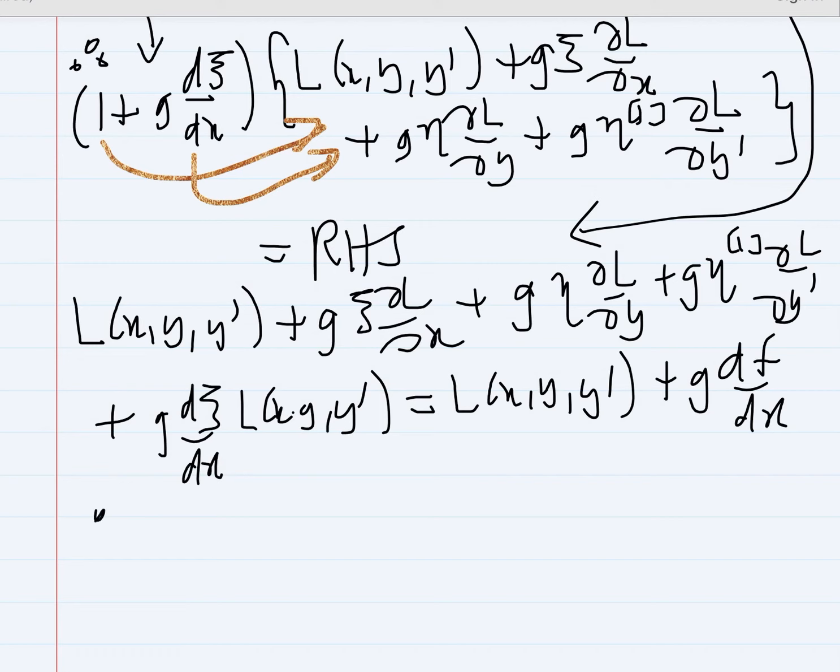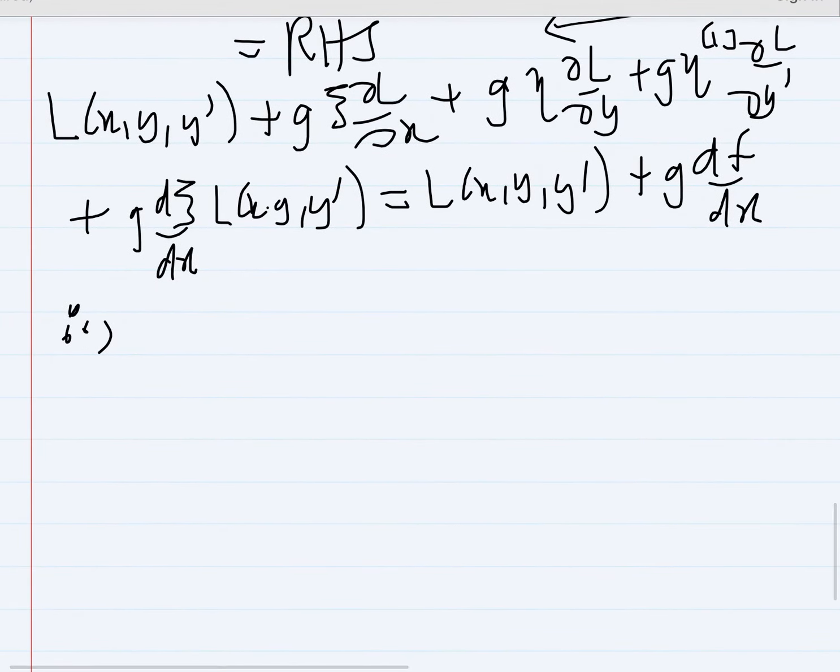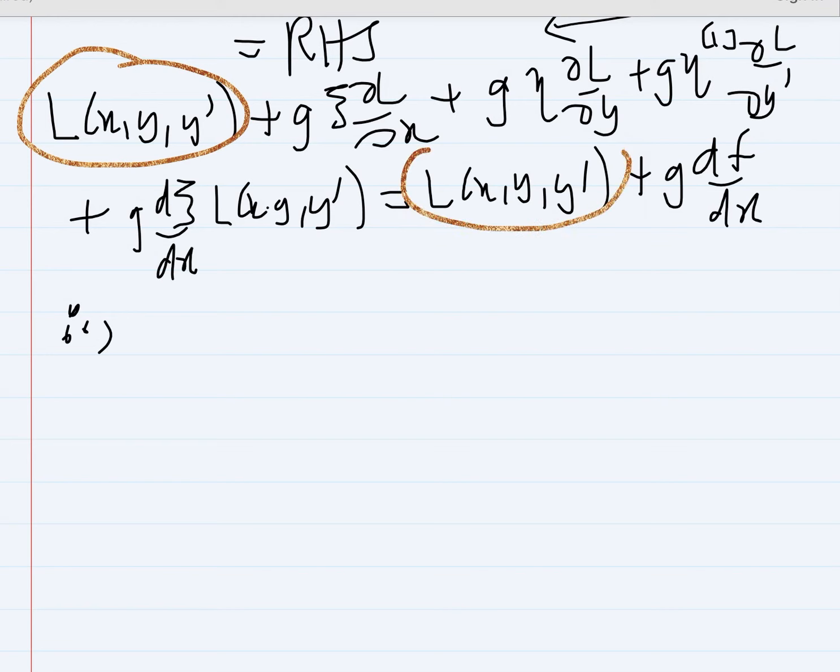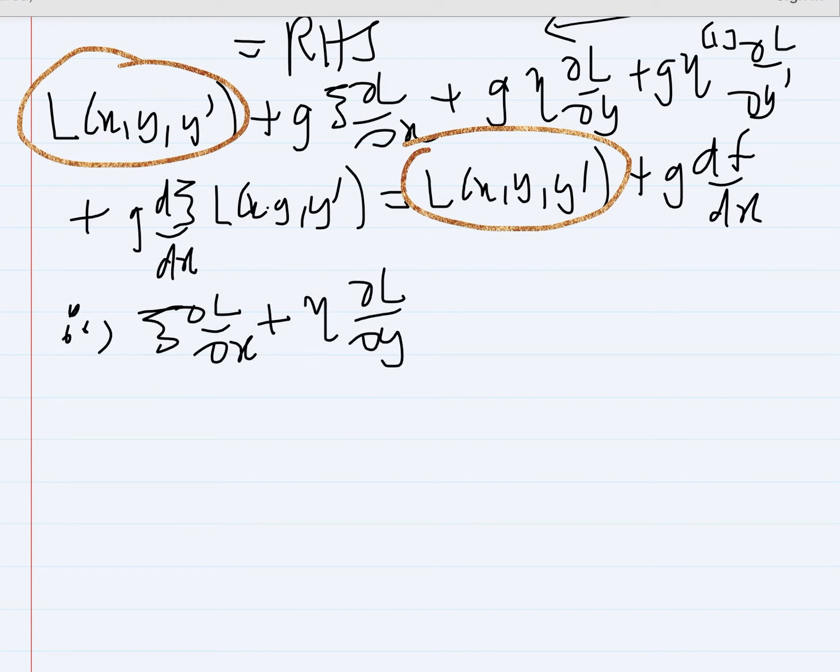Therefore, if we simplify this, on the left hand side, the L from the left hand side cancels with the L on the right hand side, and then equating powers of g, we end up with, on the left hand side, xi dL/dx plus eta dL/dy plus eta 1 dL/dy dashed plus L times total derivative of xi with respect to x.